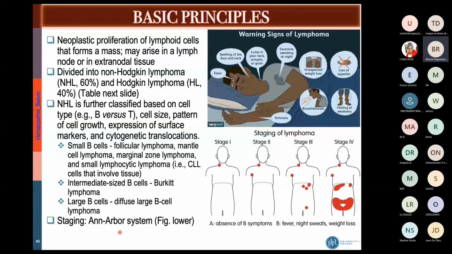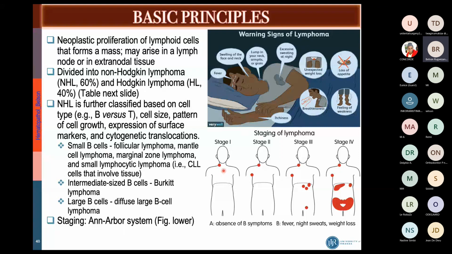So how do we stage lymphomas? Another thing I would say is that this staging was developed for Hodgkin lymphoma. Later they found that for non-Hodgkin lymphoma there is no other system, so they adopted it, but it was designed for Hodgkin lymphoma. So how do you stage lymphomas?